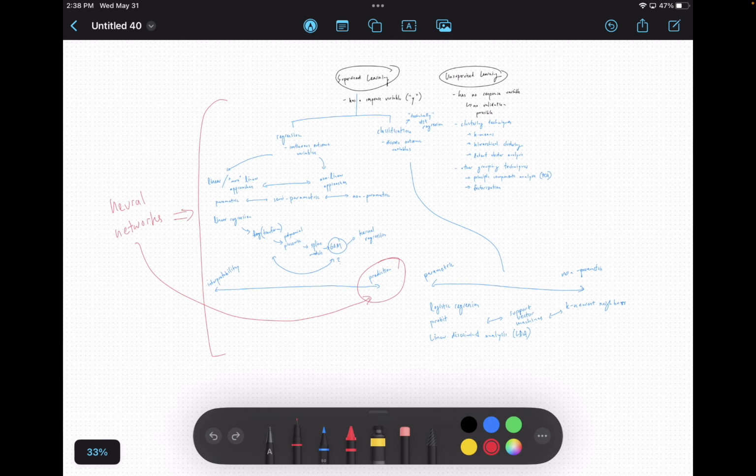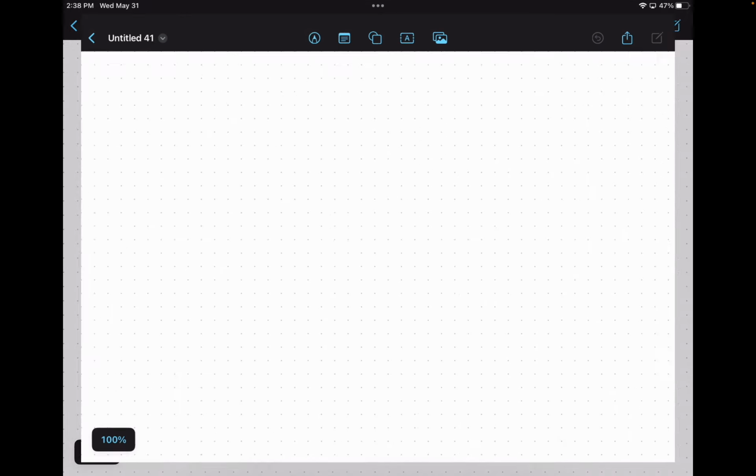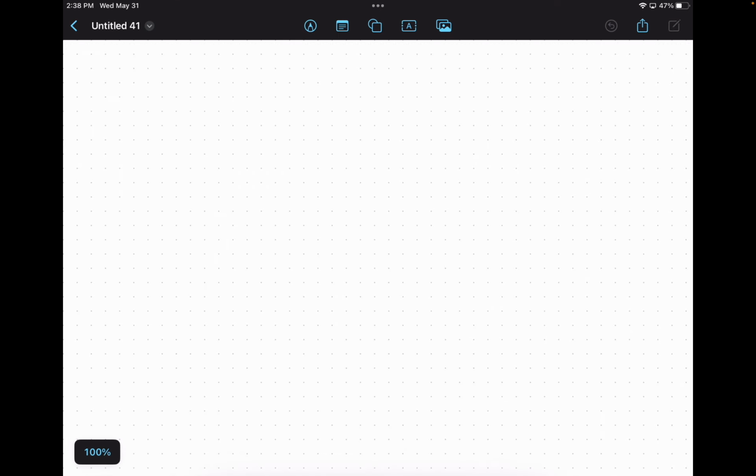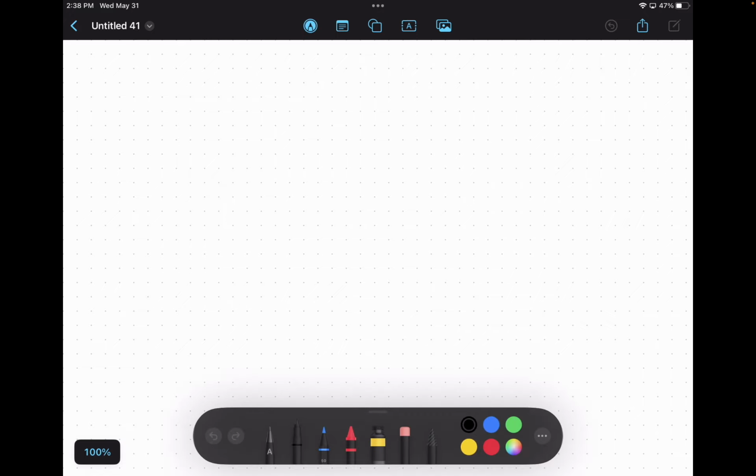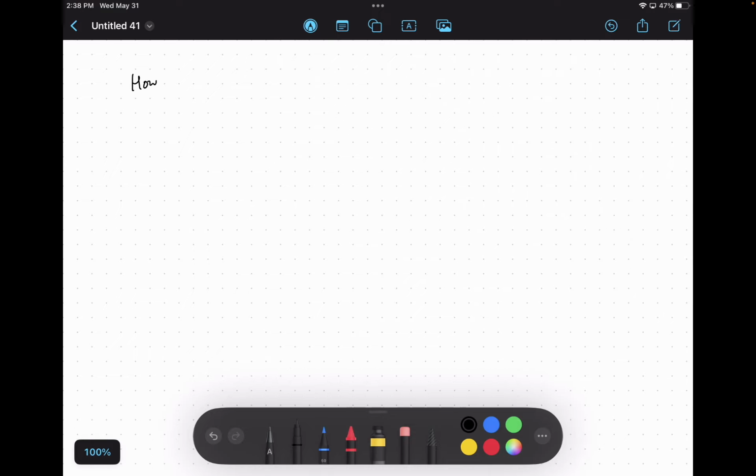So let's then move on to going back to thinking specifically about parametric models. How do you tell whether a model is good?